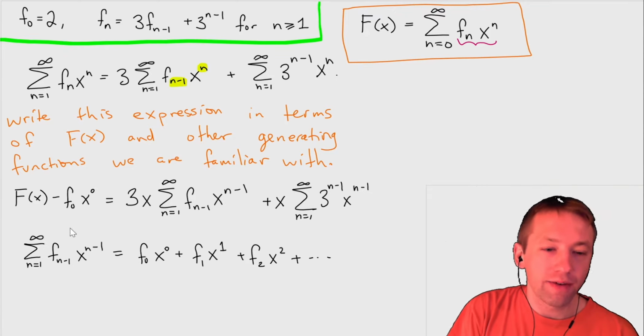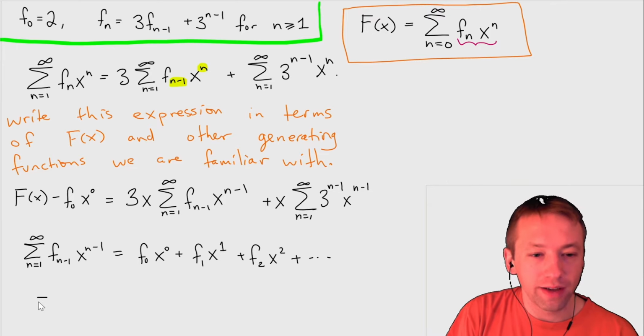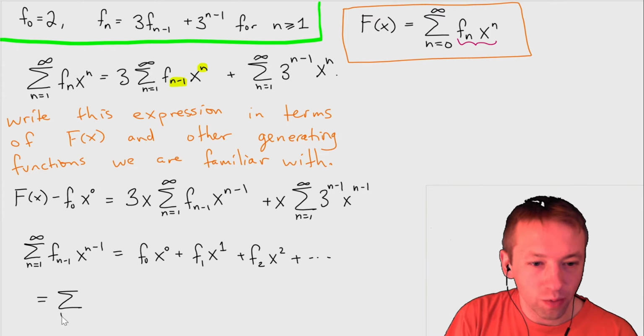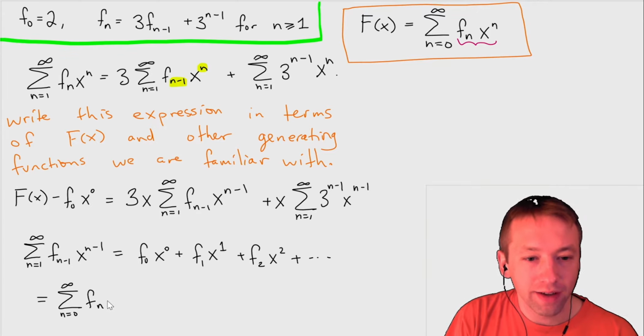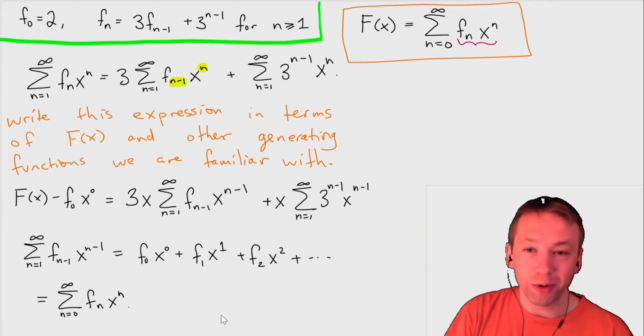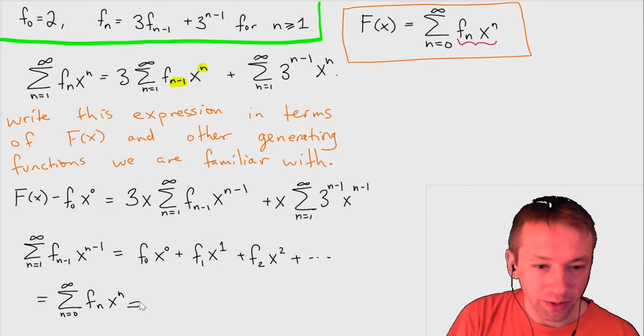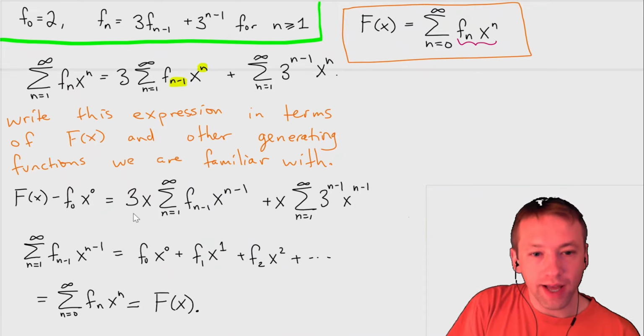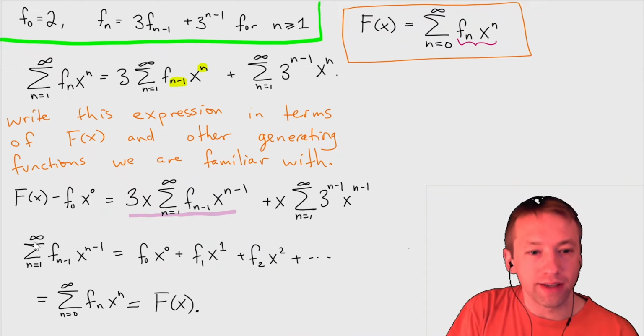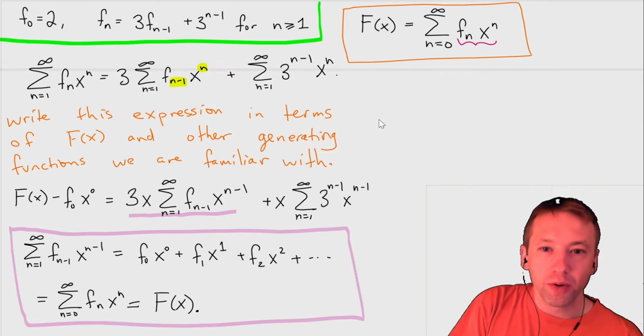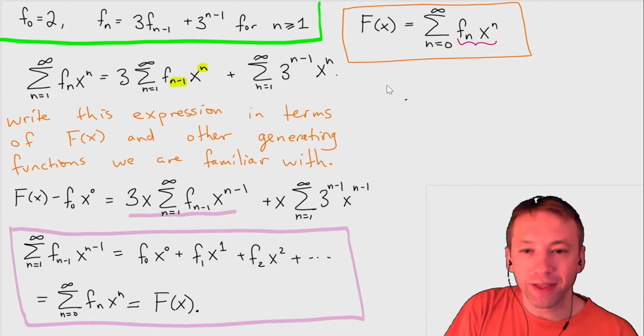If I shift the index a little bit, what I end up with is the sum n equals 0 to infinity f_n x^n. And lo and behold, this is just equal to f(x). So that takes care of this sum here. Now what about the other one, the thing involving the 3^{n-1}?